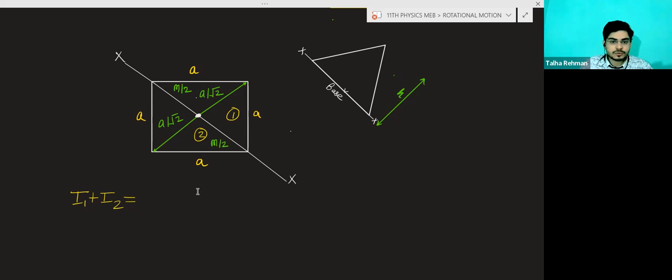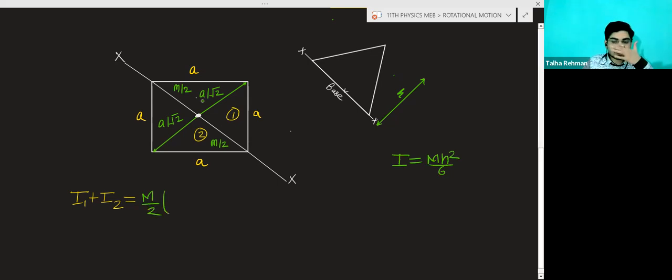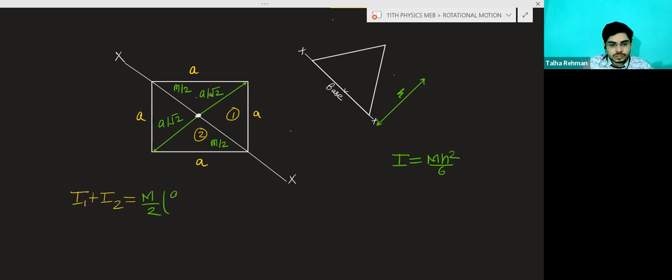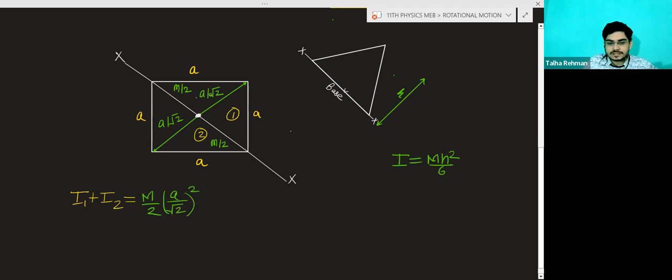So for triangle 1, the moment of inertia is I equal to m h square by 6. Mass is m by 2, h square by 6. What is h? A by root 2 square, multiplied by 1 by 6.